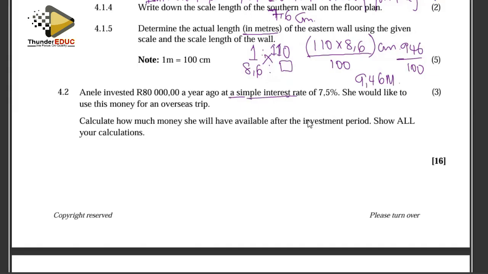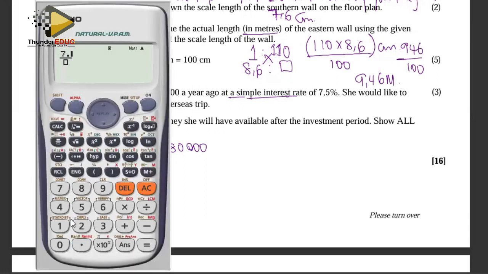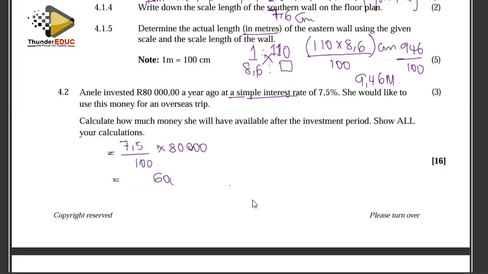So simple interest will be 7.5 over 100 times the amount, whatever you get here will be the interest. So which becomes 7.5 over 100 times 80,000. So you have 6,000. So this is 6,000.